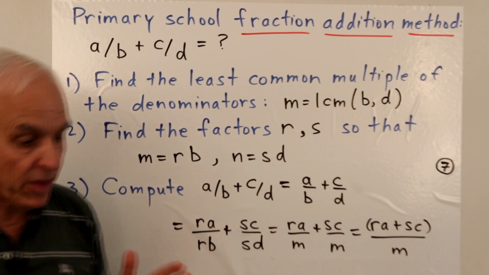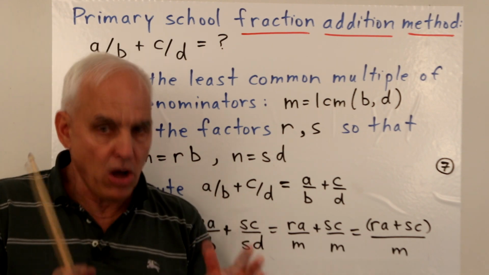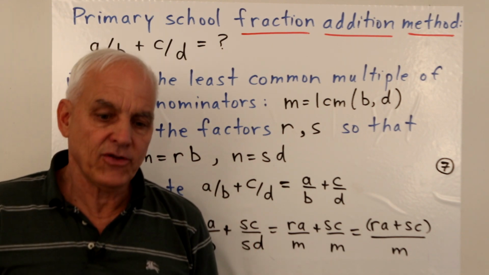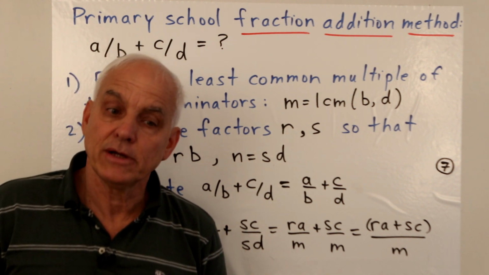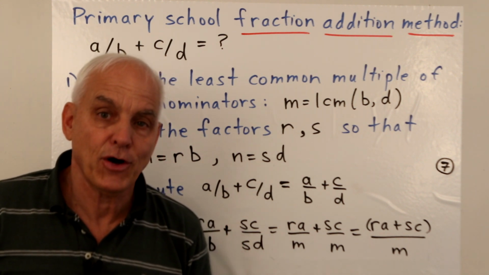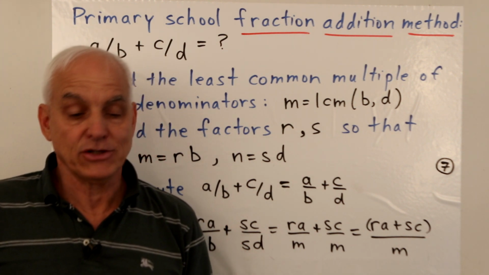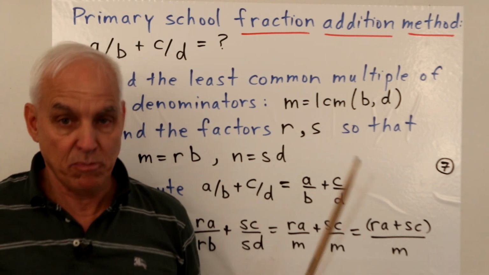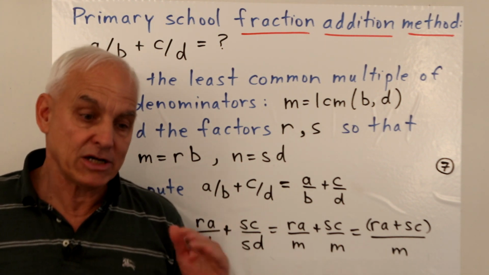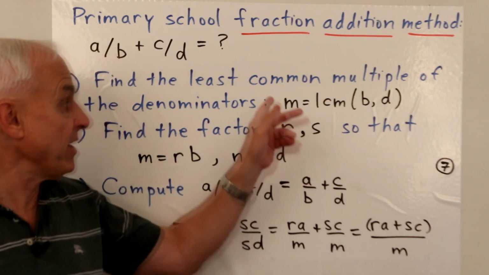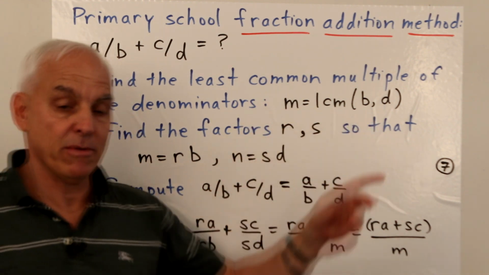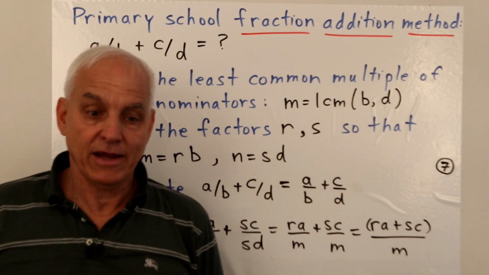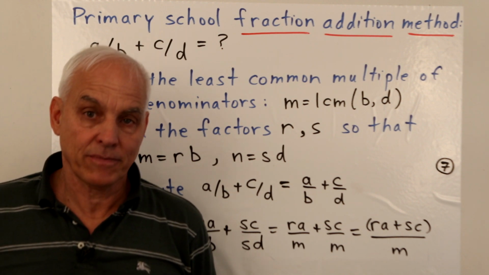So it's certainly true that for a lot of small-ish examples, this is a more efficient, shorter way of adding fractions. It's also true, however, that when the numbers get big, this is much more challenging, because finding the least common multiple of two big numbers is quite challenging.